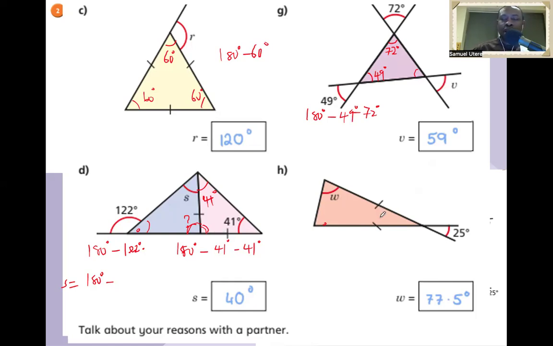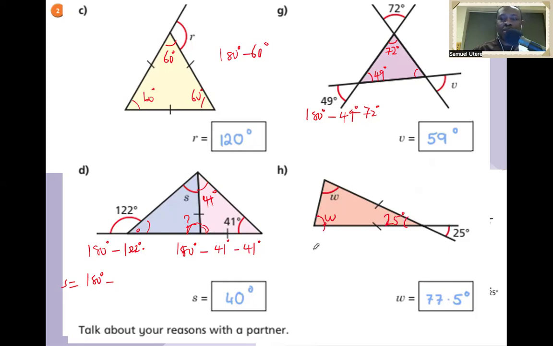Here we can see this hatch mark. First, we can see that this is a vertically opposite angle, so this is going to be 25 degrees. Sorry, my pen is moving. Now, we see these hatch marks here, which means this angle here will be W as well. So if we add these angles, we're going to get 180 degrees because this is a triangle.